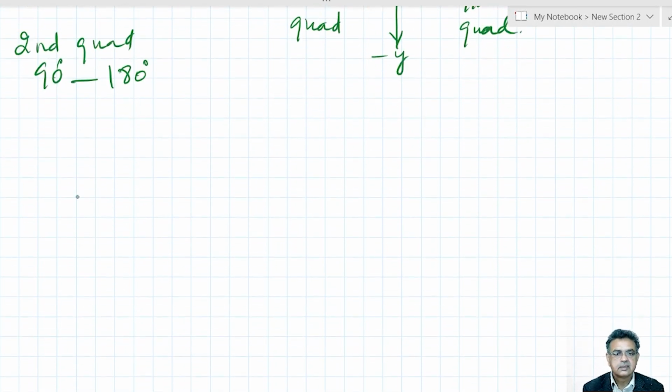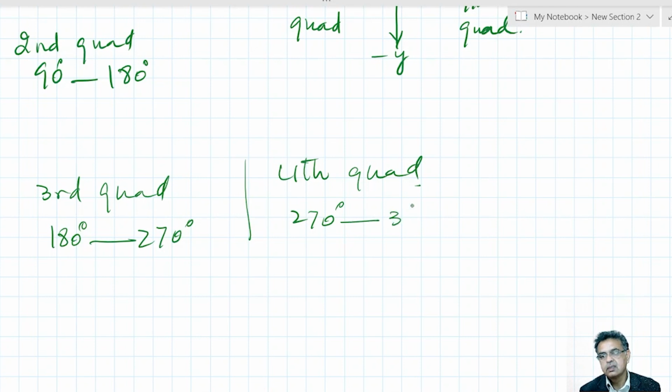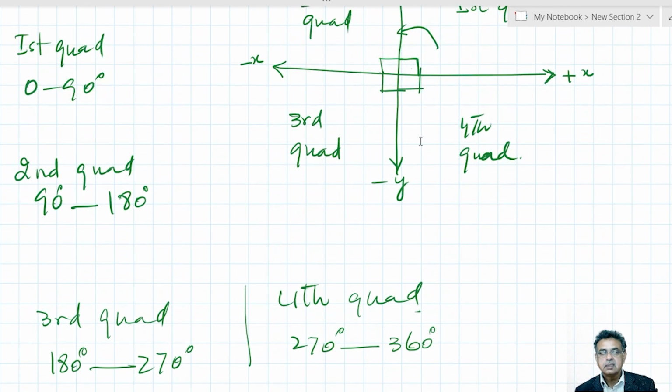Third quadrant is from 180 degrees to 270 degrees, and the fourth quadrant is from 270 degrees to 360 degrees. These are the four quadrants.